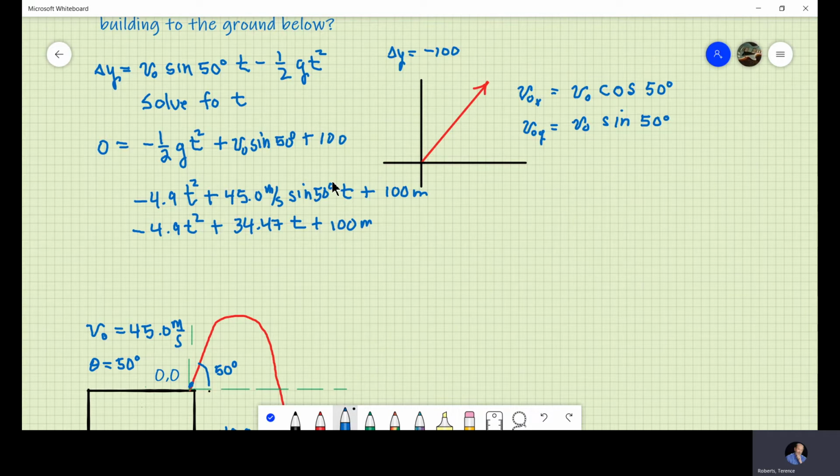So now we need to solve this quadratic equation. And you remember the quadratic equation is negative b plus or minus the square root of b squared minus 4ac, all divided by 2a. So let's go ahead and plug all that in there.